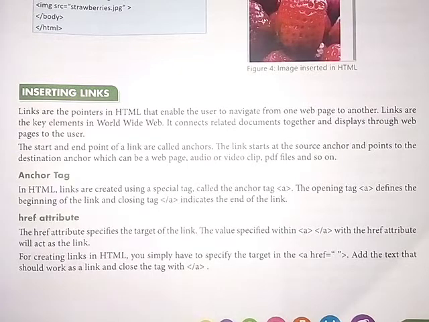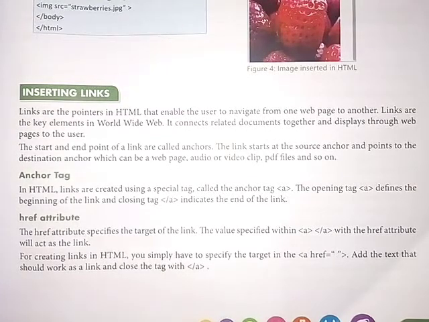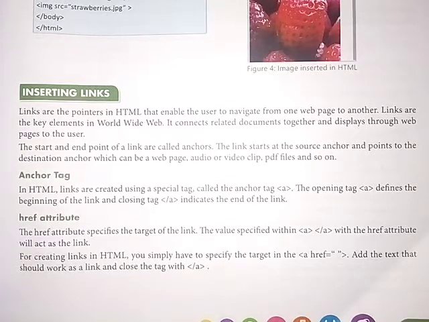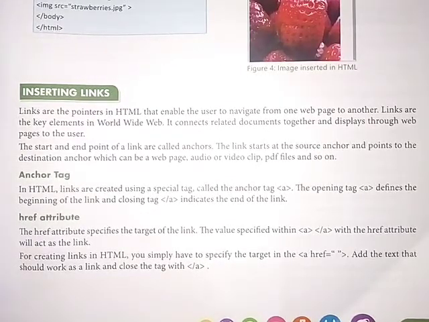The value specified within the href attribute will act as the link. For creating links in HTML, you simply have to specify the target in the a href, add the text that should work as a link and close the tag with /.